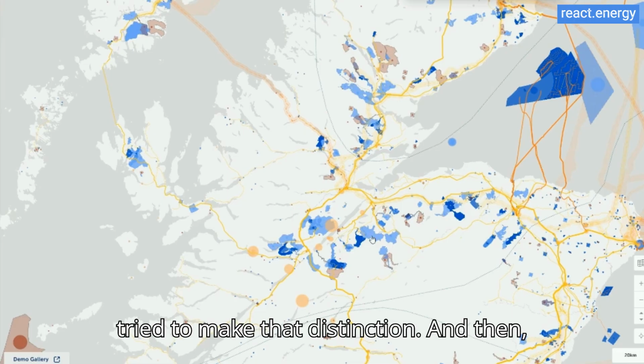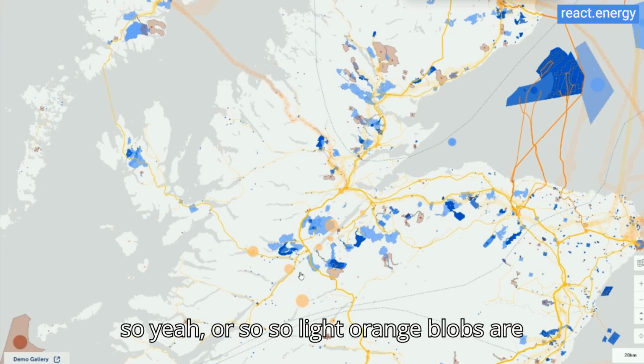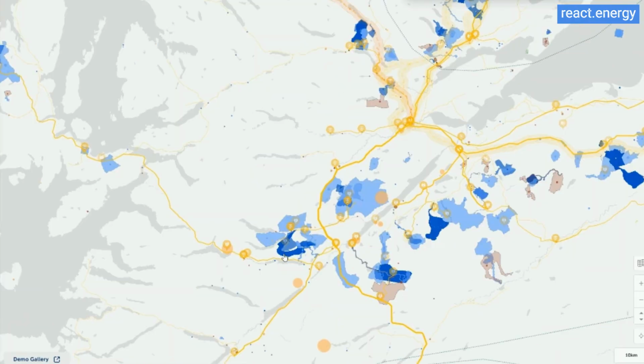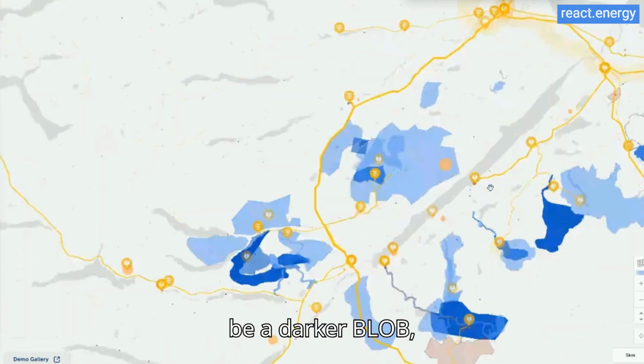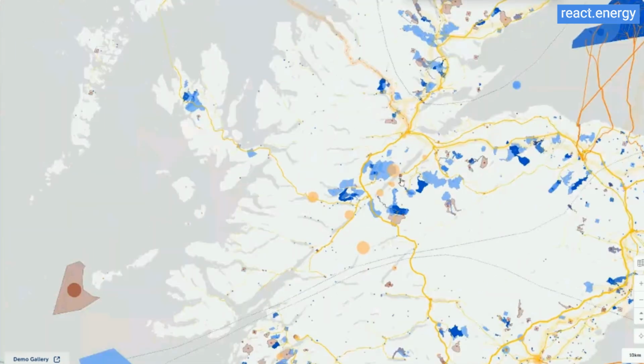For the storage schemes, we've styled these as orange. Light orange blobs are planned storage, and if you've got installed storage, it'll be a darker orange blob.